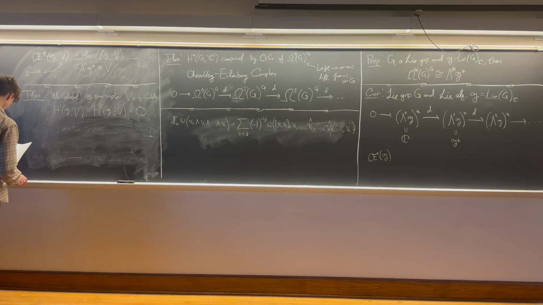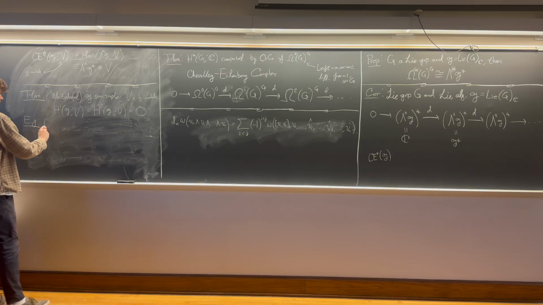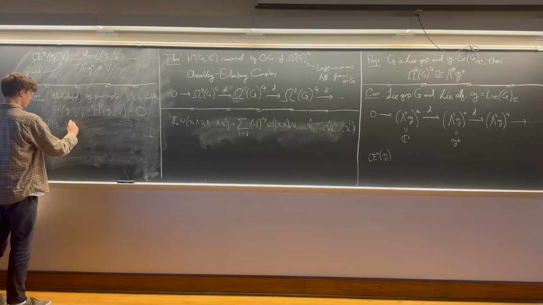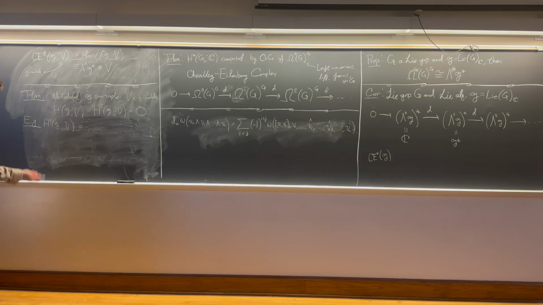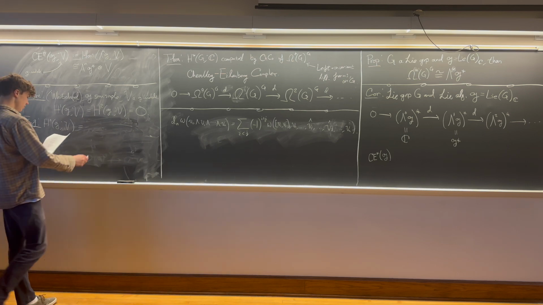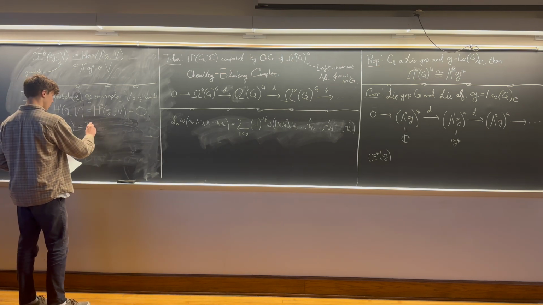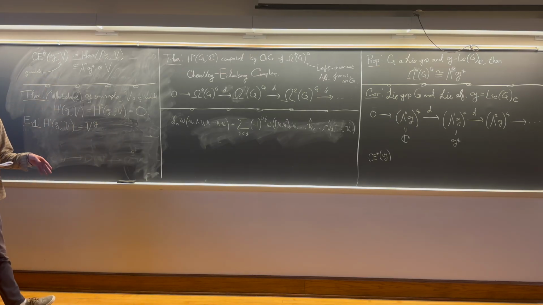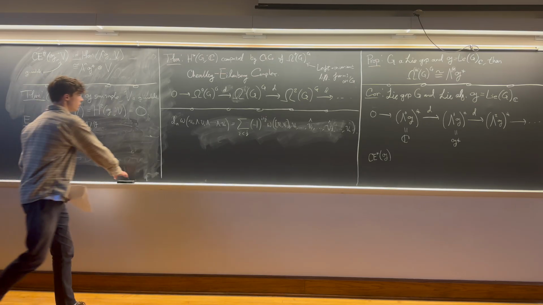This is quite easy. The first example is to consider H0. The zeroth cohomology is just the G invariants in V. What else is there to say?